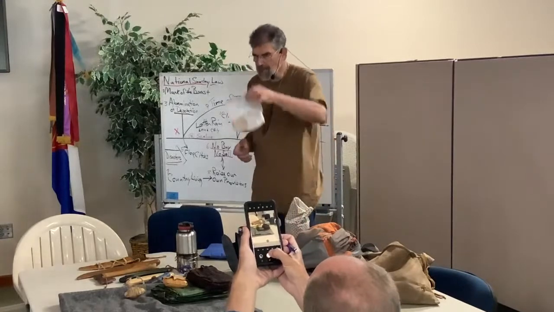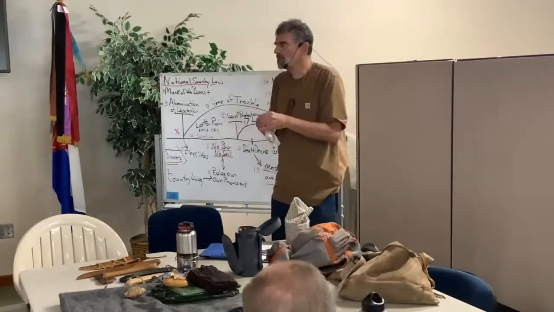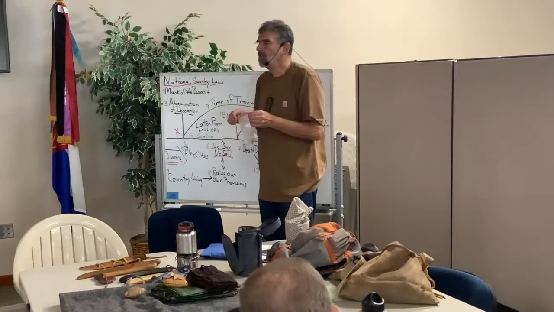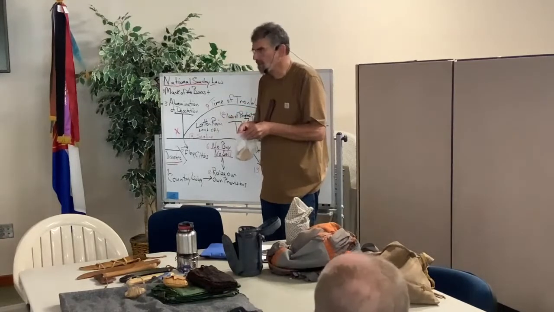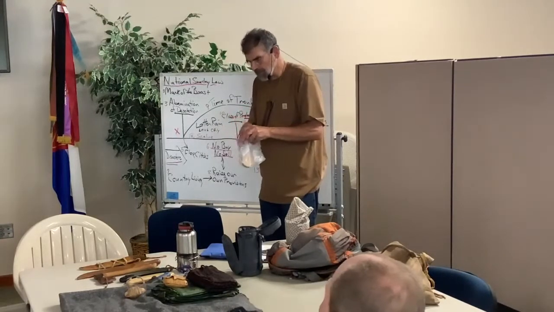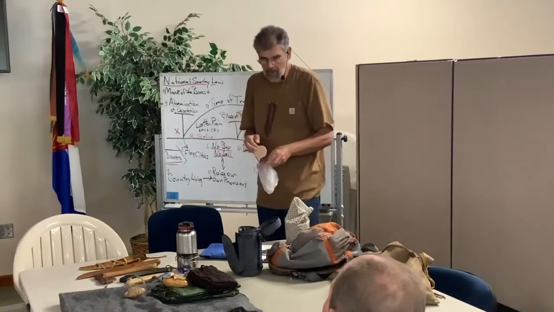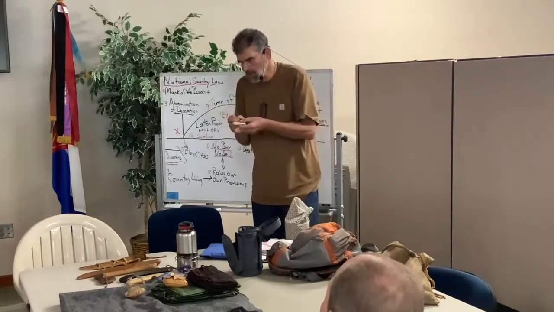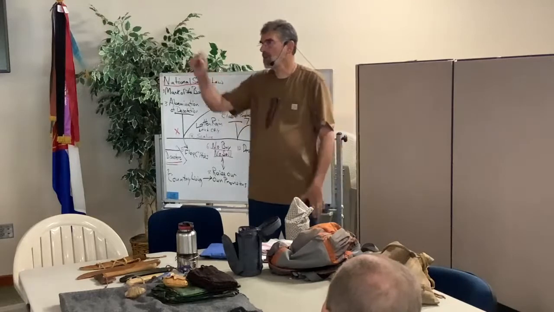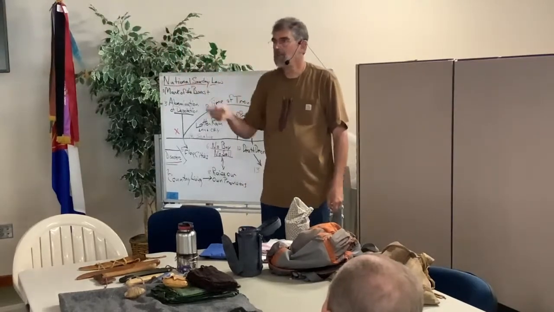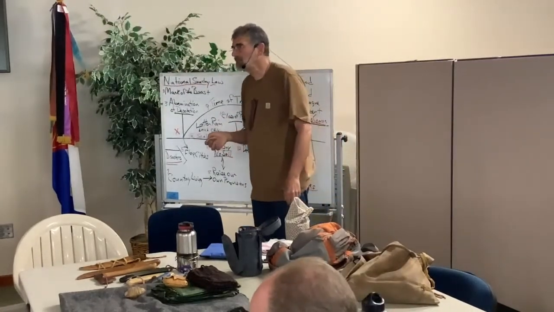What I have here that I want to share with you is some hardtack. This is a real fun project. The kids in my church, we've made it with them. They love it. This is simple. You saw the flatbread I made yesterday?